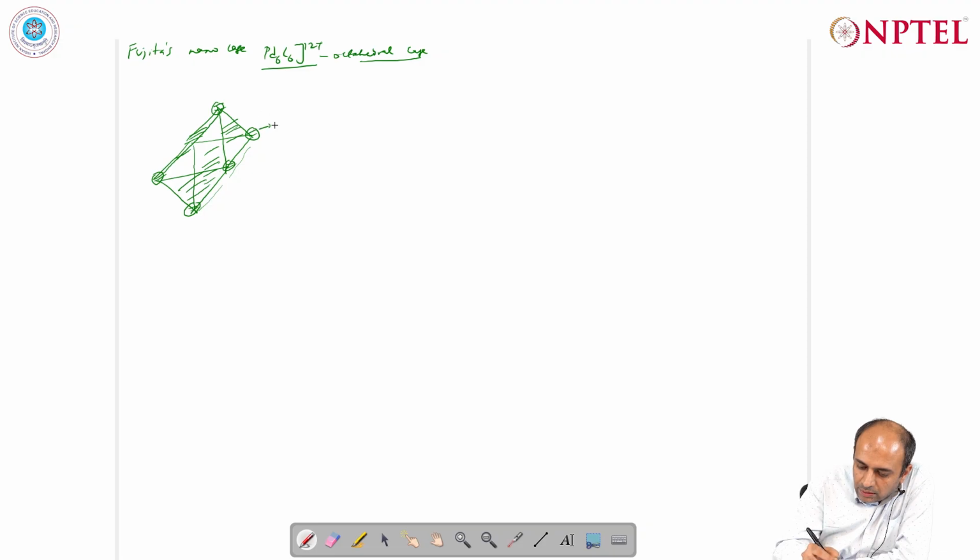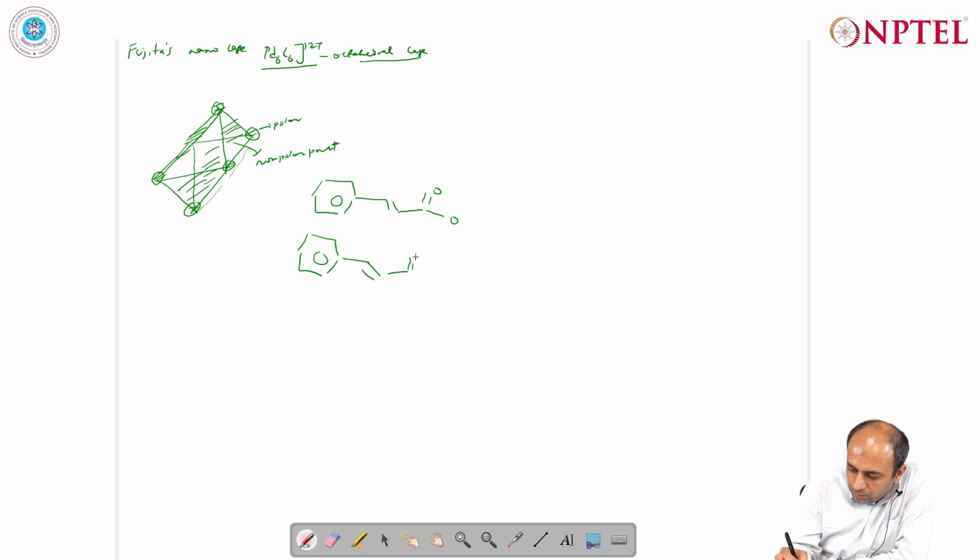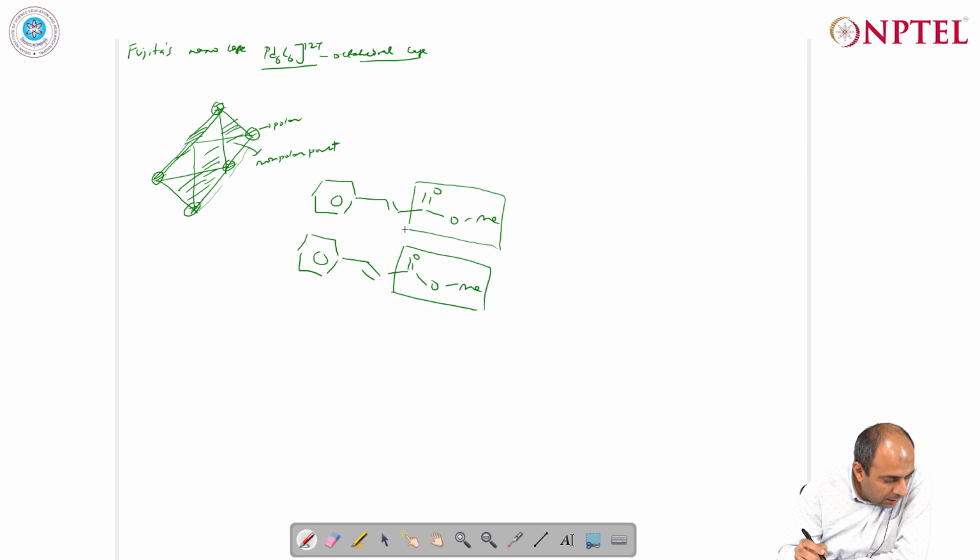Now in this particular octahedral cage, this is the polar part and this is the non-polar part. So we can have the inclusion of the reactant molecules. We have this polar part, and essentially this can now be encapsulated in the large palladium cage.